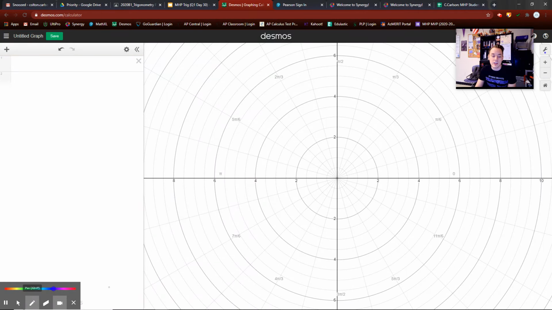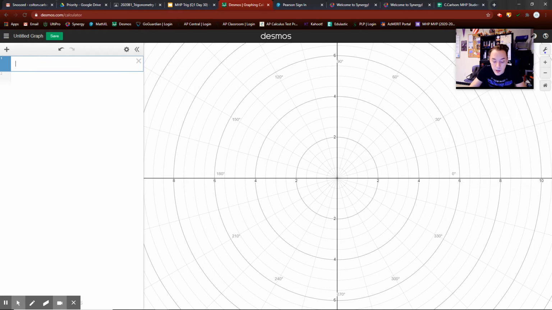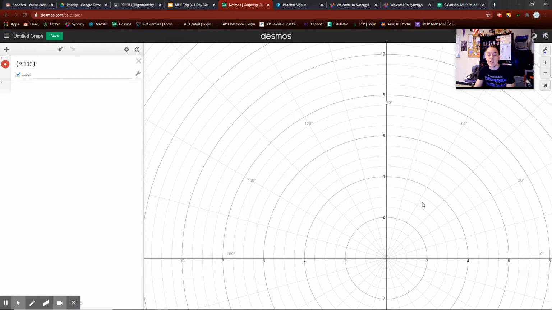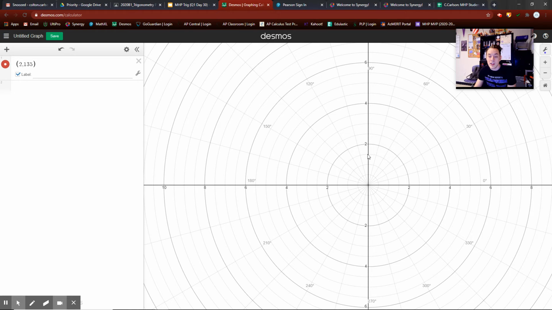Now, I guess you could technically plot these as 2, 135. If I wanted to change this to degrees, I'm pretty sure it does plot it. So I can type in the point 2 and then 135 and plot it. I don't know if it actually does change it. Yeah, it doesn't. So this is one thing that Desmos is actually not good for, polar coordinates.